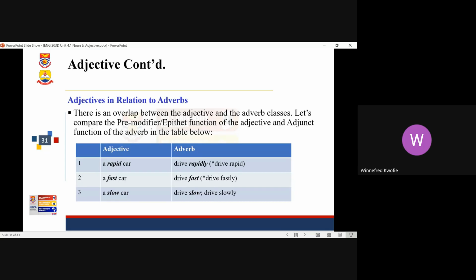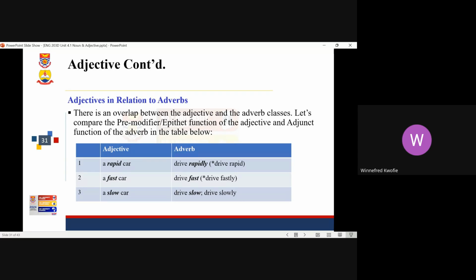So let's look at adjectives in relation to adverbs. So we are looking at when adjectives function as pre-modifiers or epithets as compared to when adverbs function as adjuncts.